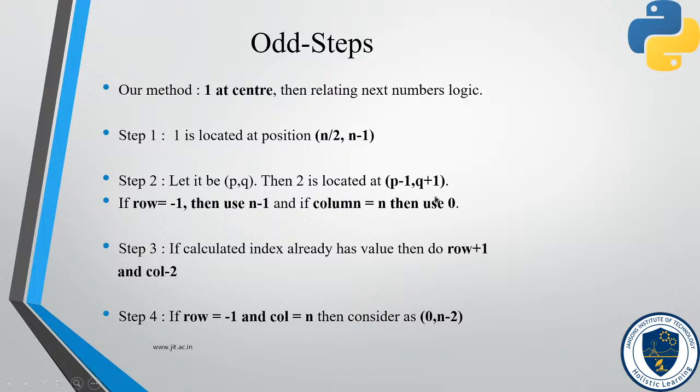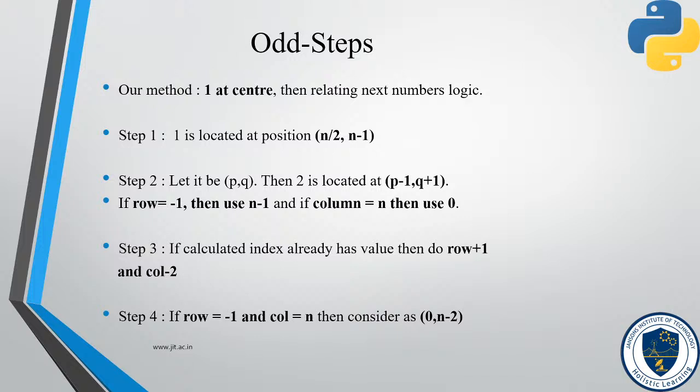And once you're placing a number, if you're getting a clash, that is, in that particular cell an element is already available and you're trying to place another element in that particular row and column, then you need to do row plus 1 and column minus 2. All these logics, p minus 1, q plus 1, row plus 1, column minus 2, etc., you will get to know only if you analyze the magic square problem and if you solve 5 to 7 scenarios of odd order itself.